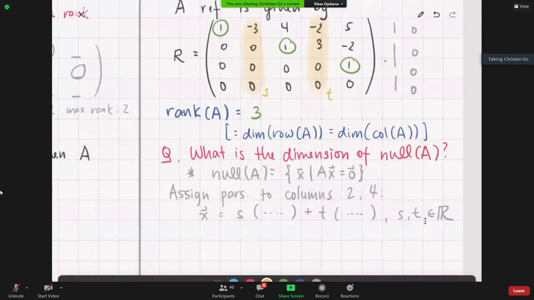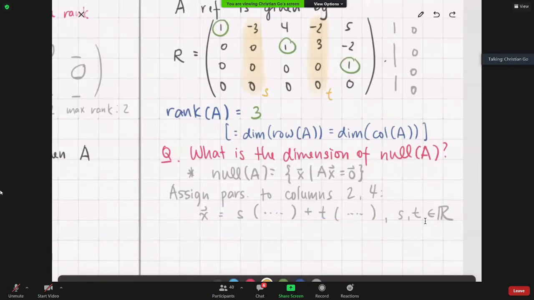So how many vectors do I need to create the null space? Notice that I haven't actually solved. I'm just looking at the matrix. Is it the number of columns that I assigned parameters to? Right? It's the number of columns that have arbitrary parameters, because that's going to tell me how many vectors I need to split up in constructing the solution.